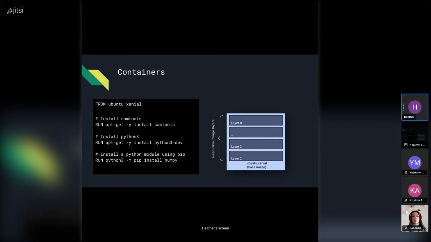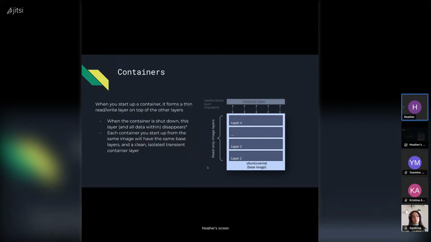And I think one of the most important and key points about Docker images and containers is that the image itself is read-only. So you build this image and you finalize it, you tag it, and you push it so it's available to others. And then when you're running a container based on an image, that's a transient top layer.